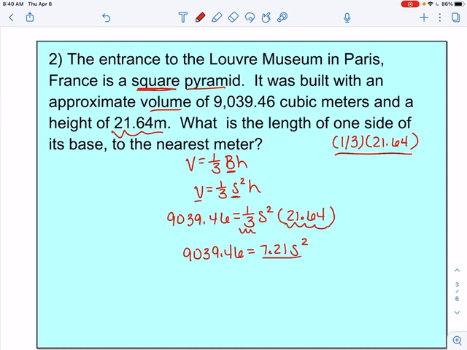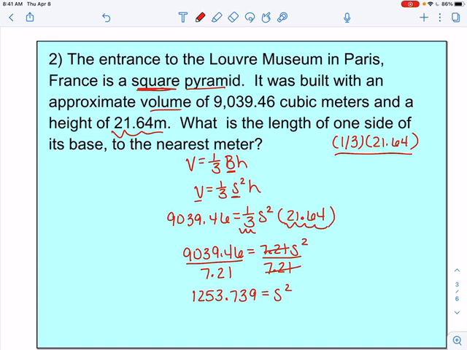Okay, so we have to get rid of that 7.21 now. I'm multiplying that s squared times 7.21, so the opposite of multiplying is dividing. So we'll divide both sides by 7.21, and that's going to give me an answer of 1,253.739. Those will cancel on the right, so we're going to have s squared.